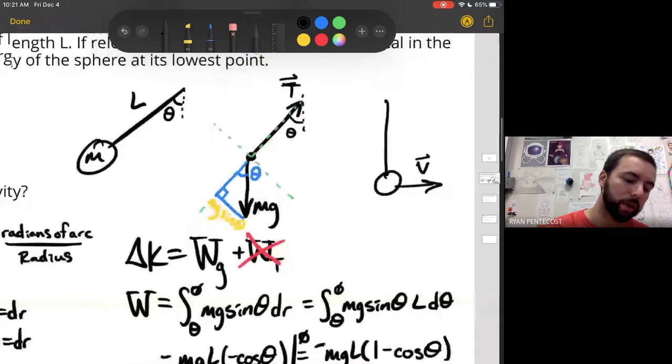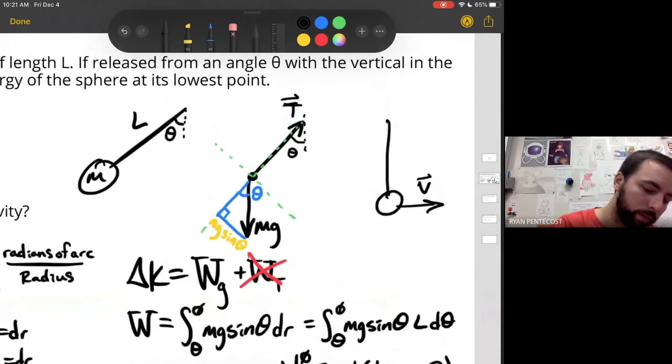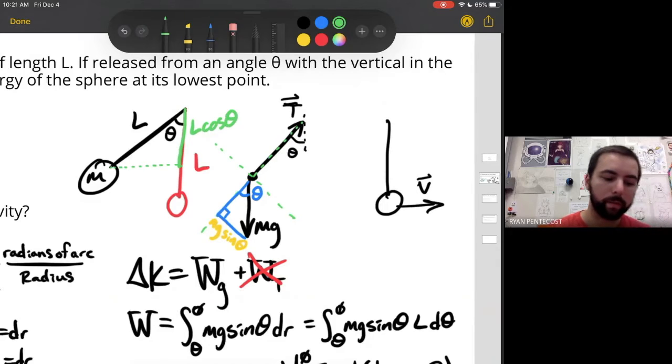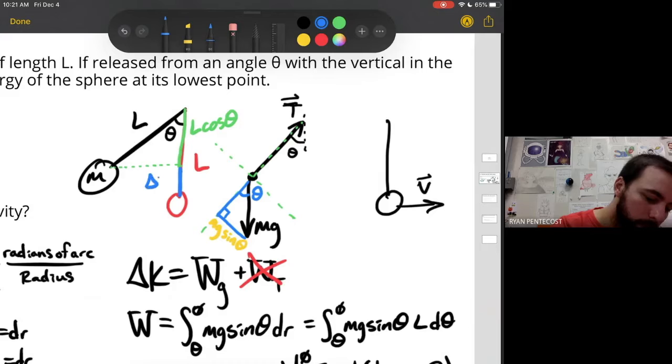Great question. Let's look at what we have here. We have L, and here we have this length right here, which is L cosine theta. If you take the entire length L and subtract L cosine theta, what you get is this guy here, which is your delta y.